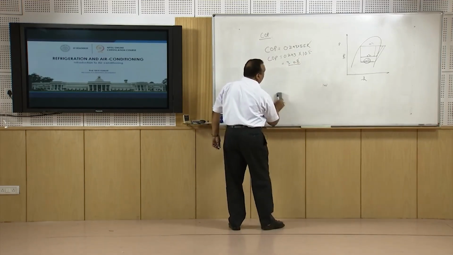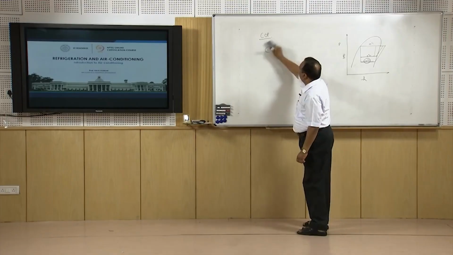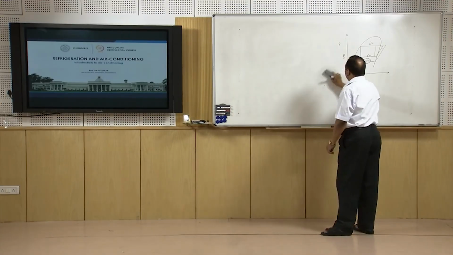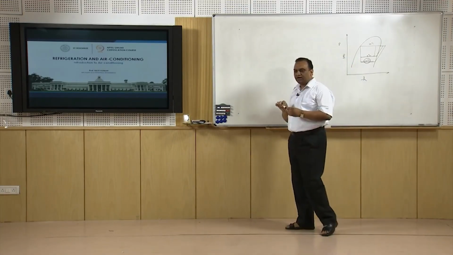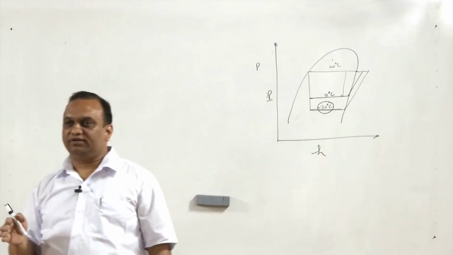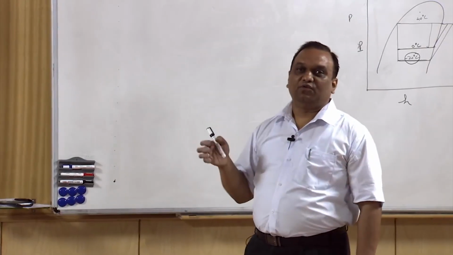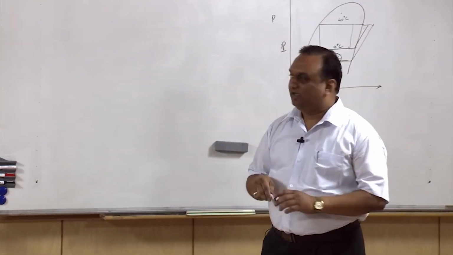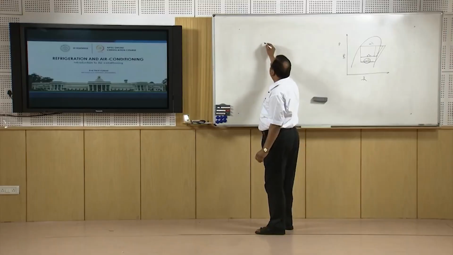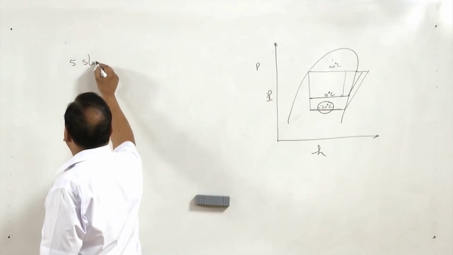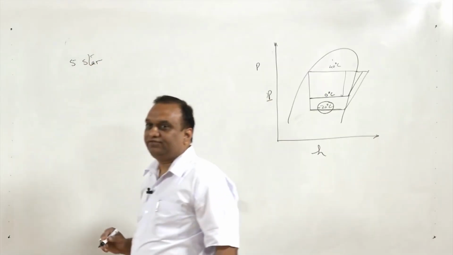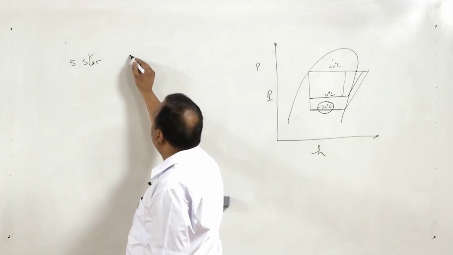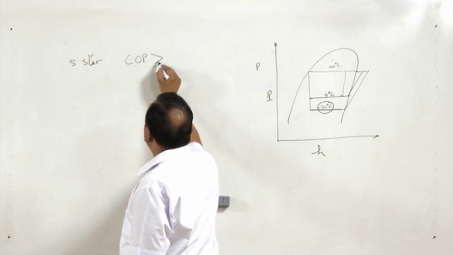In the air conditioning market you will find that there is a star rating of AC systems: 2 star, 3 star, 4 star and 5 star. Now, a 5 star AC should have COP greater than 3.5.